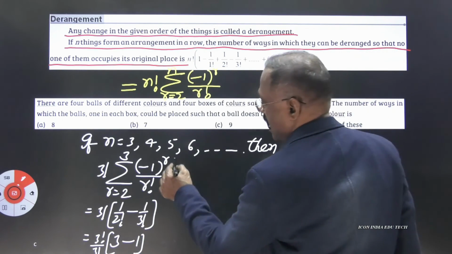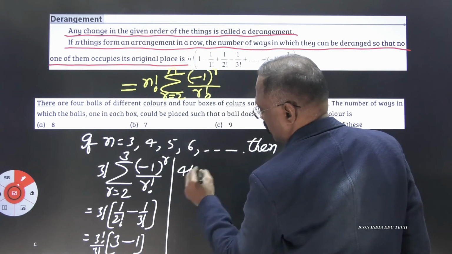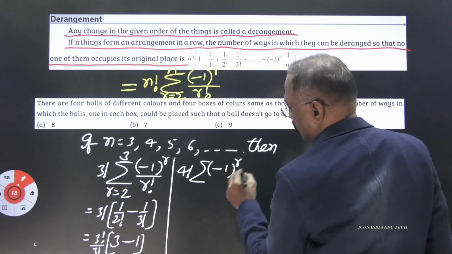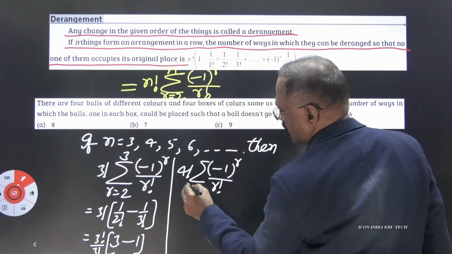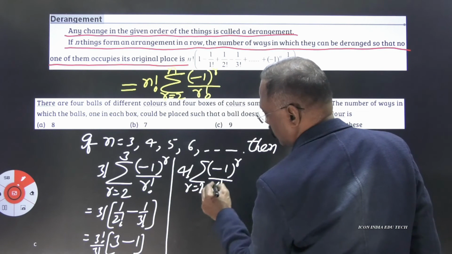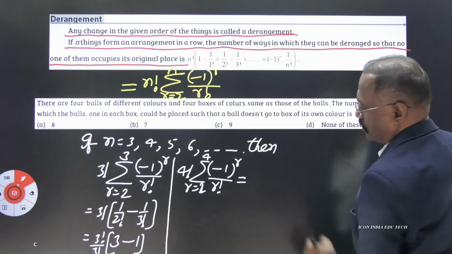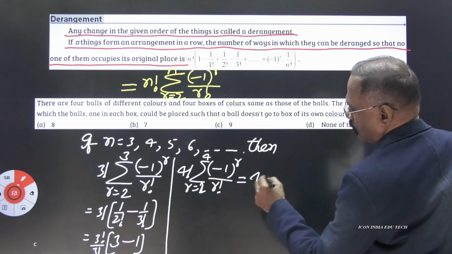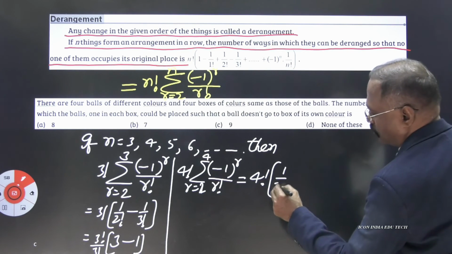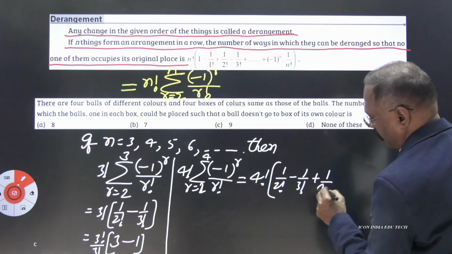Similarly, if you put n equal to 4 here, 4 factorial sigma minus 1 whole power r upon r factorial, r runs from 2 to 4. My dear students, if you expand this, 4 factorial into, put r equal to 2 there, 1 upon 2 factorial, minus 1 upon 3 factorial, plus 1 upon 4 factorial.